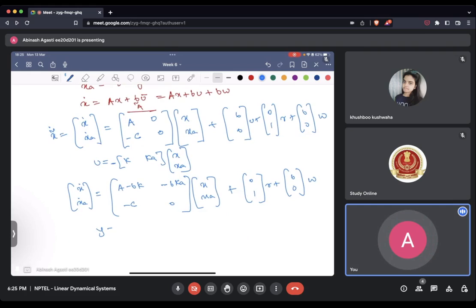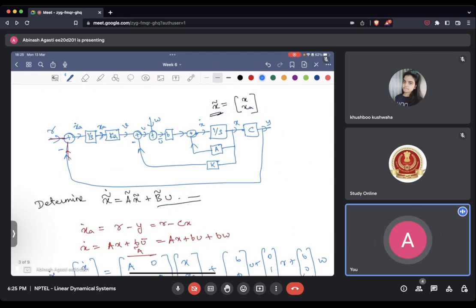And the output will be just C 0, X, XA. So this becomes my new LTI system for the whole thing.